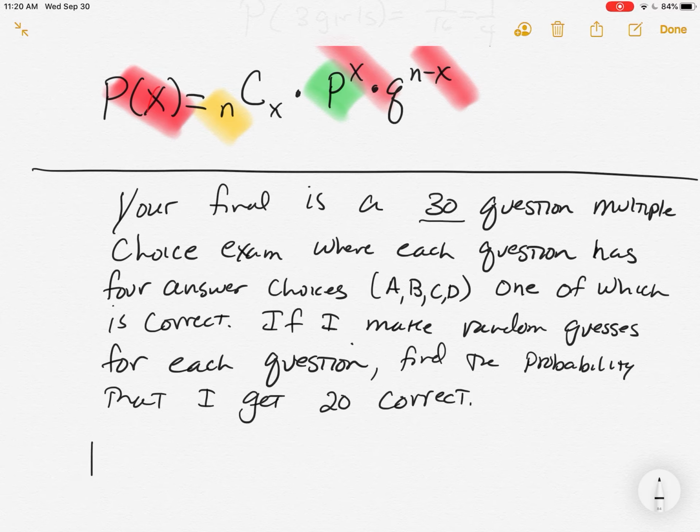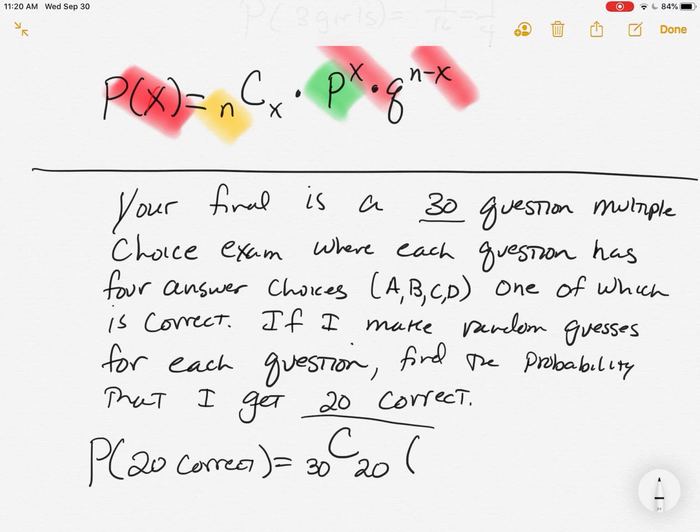So let's talk ourselves through this. What's the question say? Find the probability of getting 20 correct. So I need 20 correct. No problem. How many questions am I answering? Well, I'm answering 30, of which how many do you want to be correct? 20. What is the probability of being correct? Well, there's a 1 out of 4 probability of being correct. How many times do you want that?